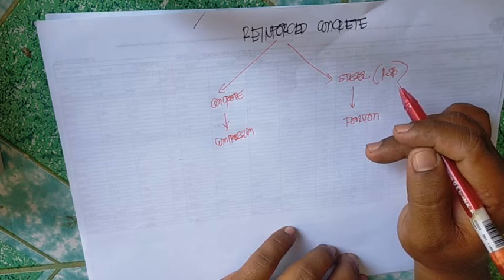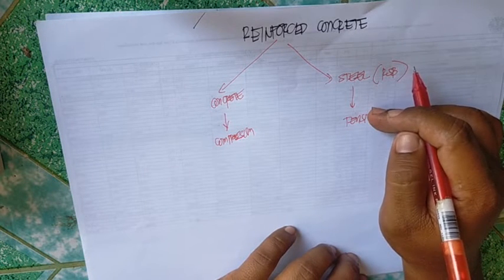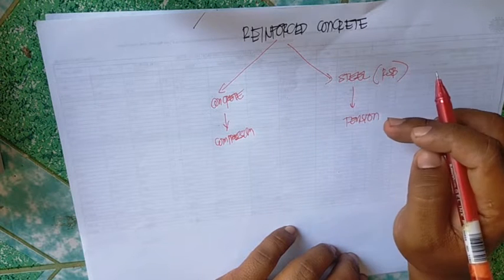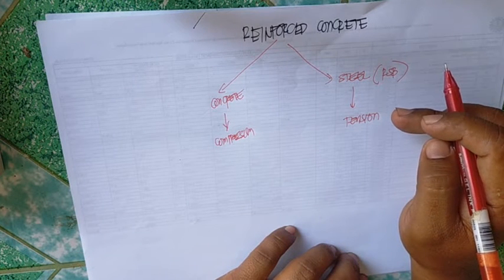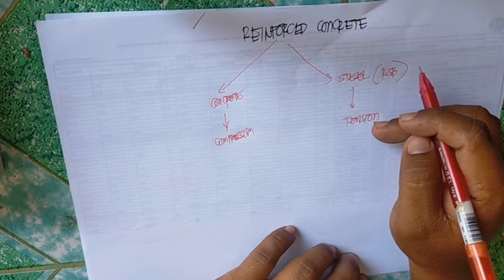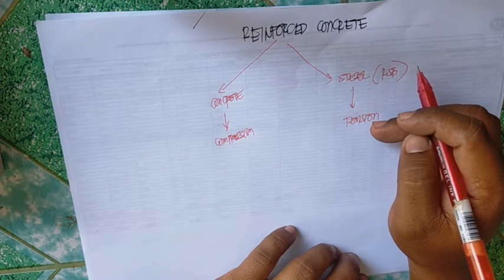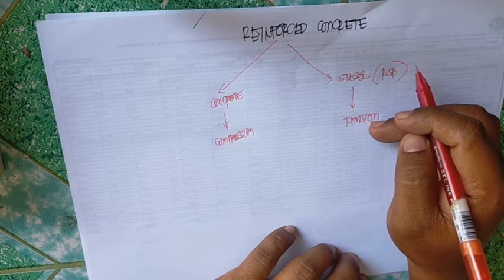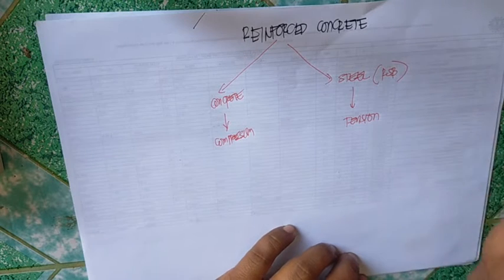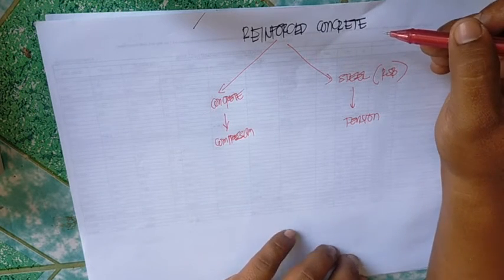Reinforced concrete is good for compression force, while reinforcing steel bar will provide tension capacity. Therefore, by combining these two will give you a specific composite material which is called reinforced concrete.